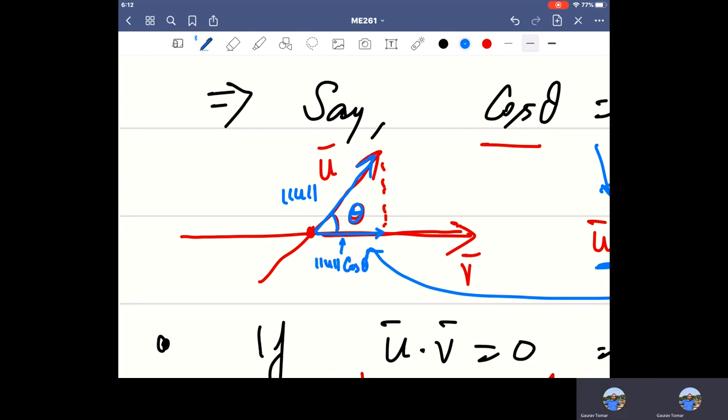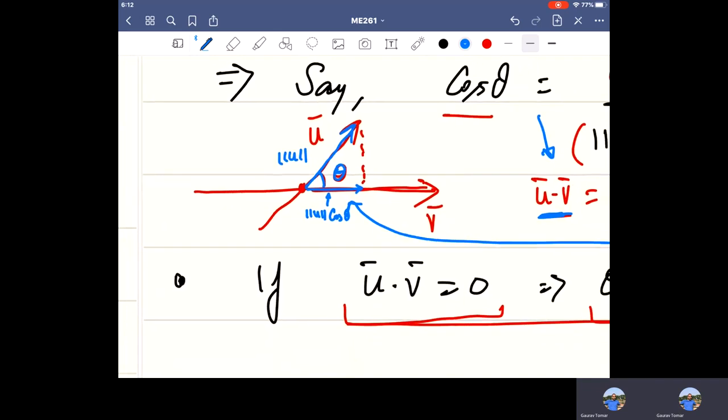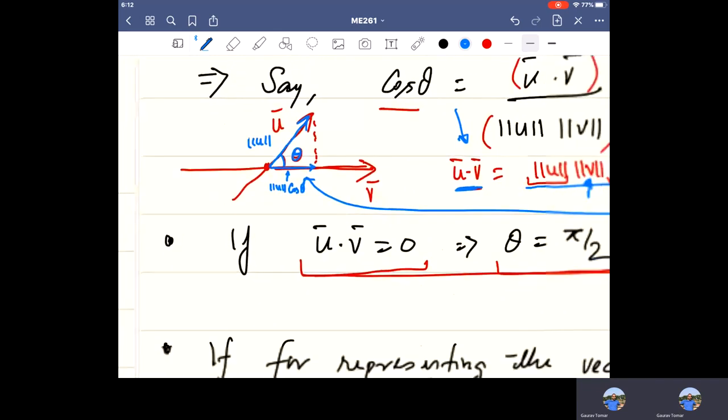So you can think of dot products as projections also: projection of u on v, and similarly you can get the projection of v on u. It's the same thing. So the inner product can also be seen as the projection of one vector onto the other vector.